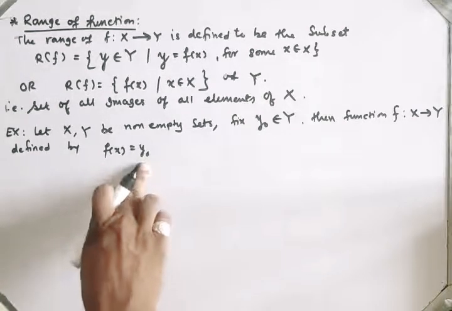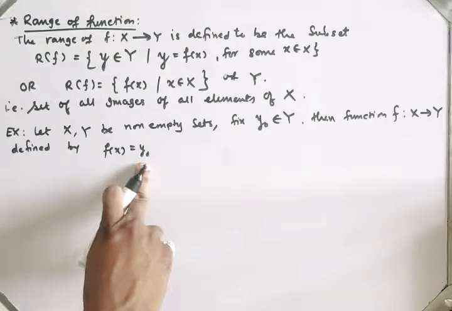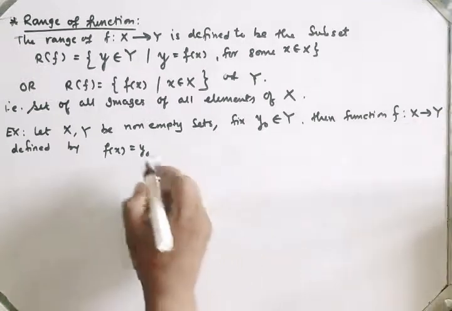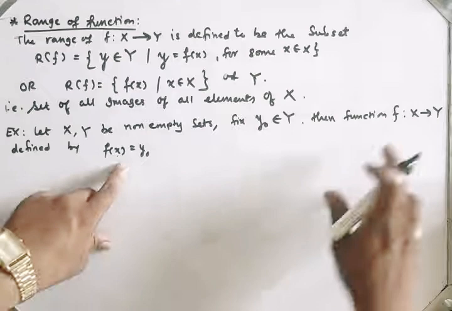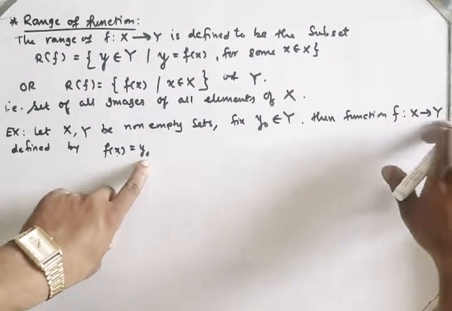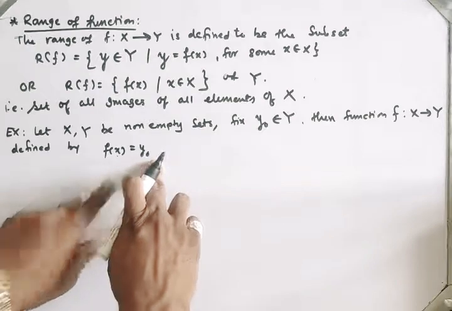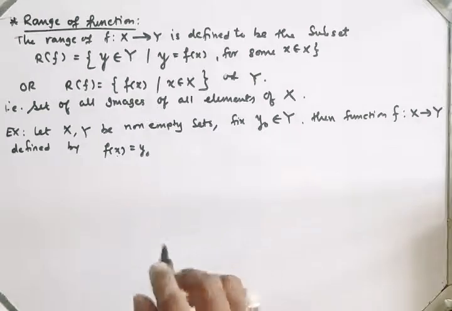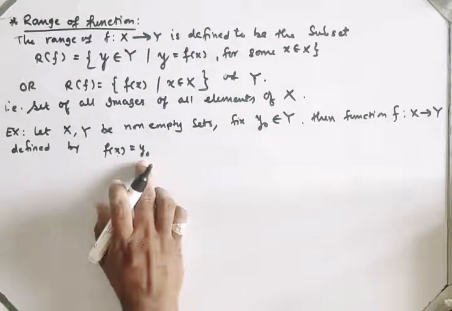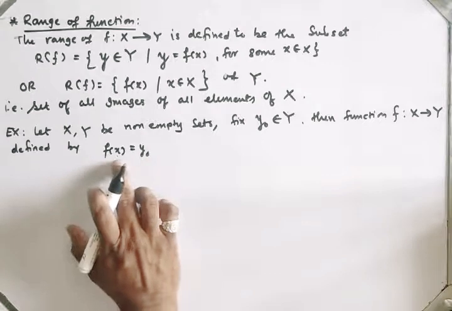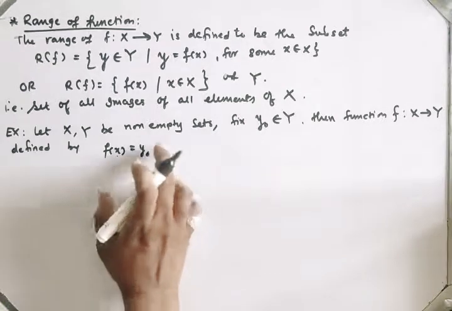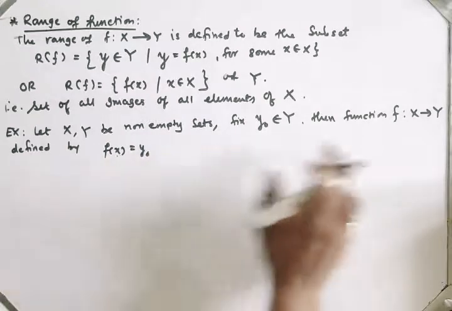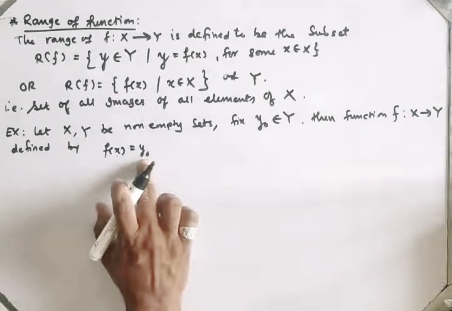Here y naught is a fixed value, which may be a real number or whatever domain or codomain you have. Here x are the values from the domain and y naught are the values from the codomain. So f of x is equal to y naught, which is a fixed value, means we say that the function f of x is the constant function. This is not a variable, this is a fixed value. Here x are the values from set X, and we always get constant values.